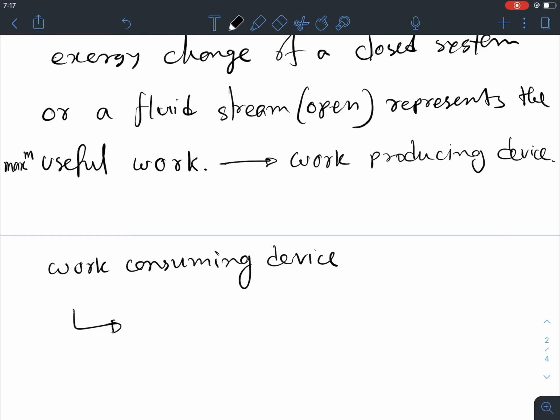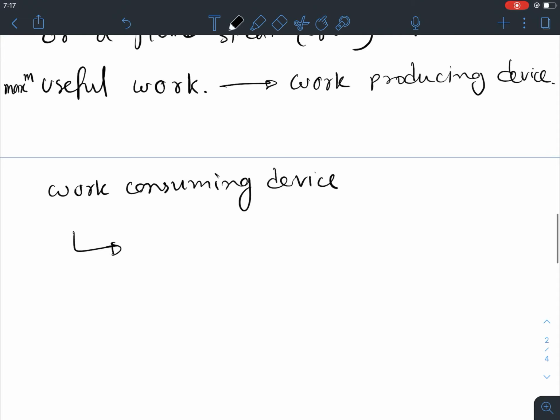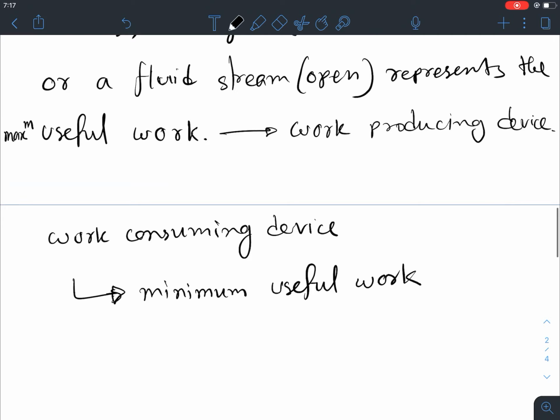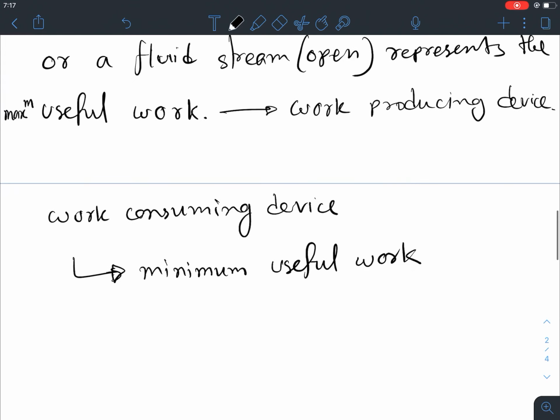Actually, for the work producing device it represents the maximum useful work, and when the exergy change represents the minimum useful work, then it becomes the work consuming device.